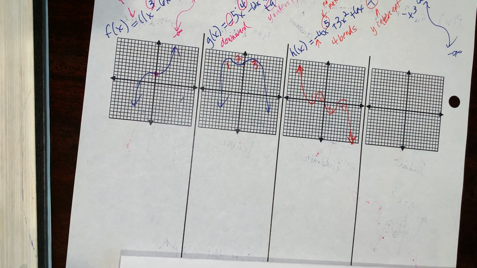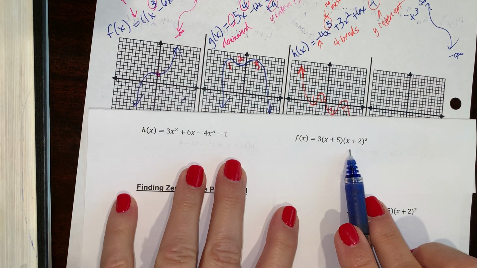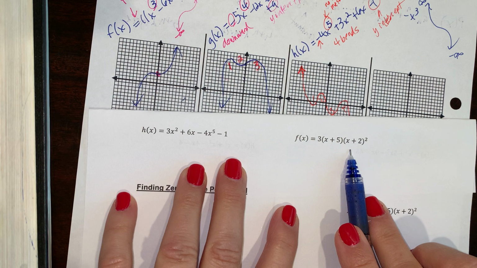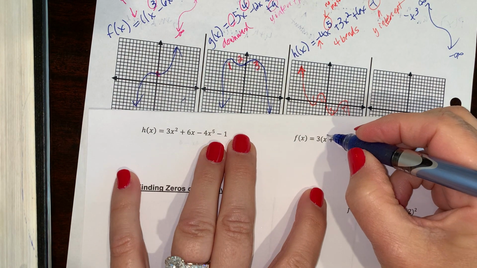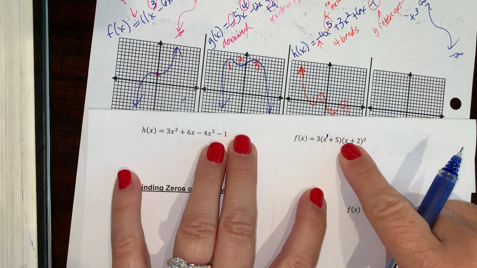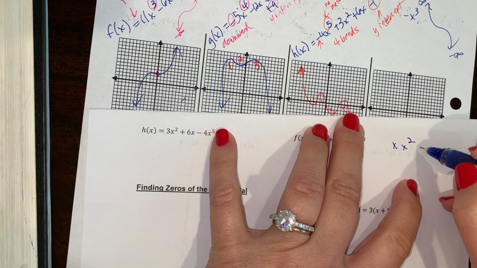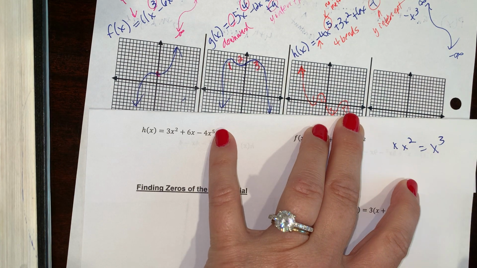Okay, so the last one on this page, they're giving this to us in a nice little form. Here's an x to the 1. This x is getting squared, so that's an x squared. So I have an x and an x squared, which altogether would be x to the 3rd.